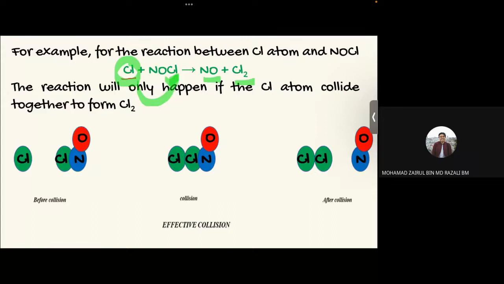Dia tak boleh react dengan atom lain. Contohnya, macam ni kalau saya arrange dia punya molekul tu, for the products NO and Cl2 to be formed, chlorine atom yang single ni mesti berlanggar dengan chlorine yang dekat NOCl. Baru dia akan hasilkan produk. Yang ini kita panggil sebagai effective collision.